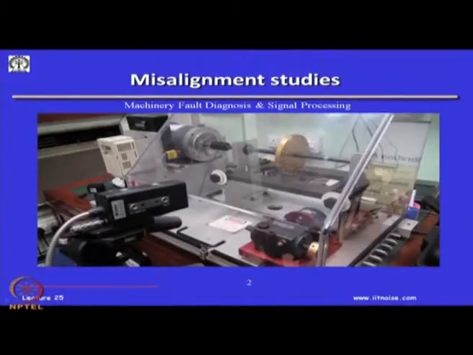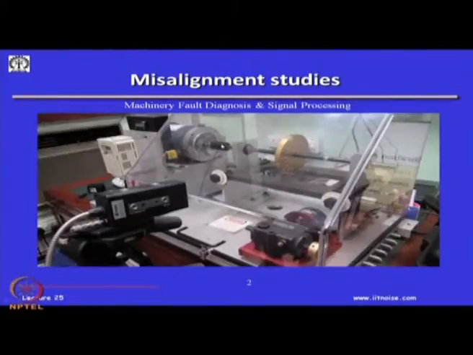This is the setup which we are using in the laboratory, and in fact, we will be using this setup to demonstrate other defects like the eccentricity, the bent shaft, the rubbing in the shaft, the cocked rotor, etc. Basically, here you will see this is a motor, which is my prime mover in this case, and this rotor on a shaft supported at two bearings. You see one bearing here and another bearing here, which is my system, and this black one is the coupling.